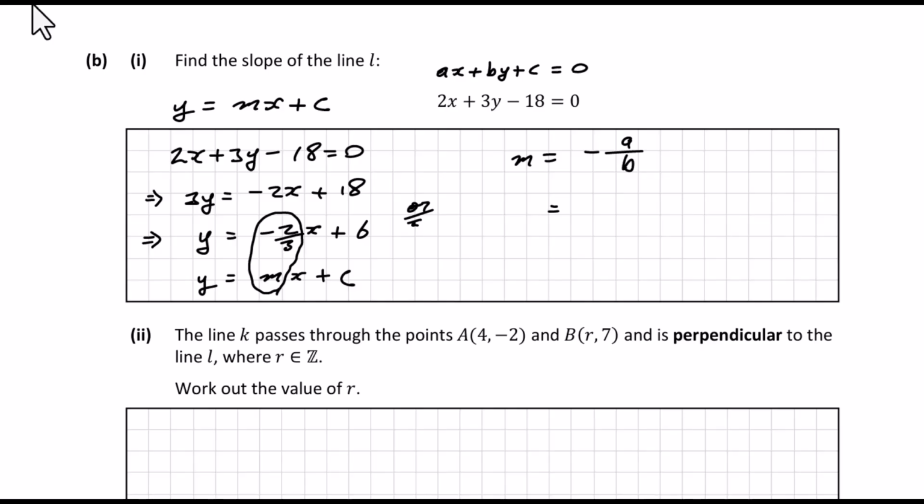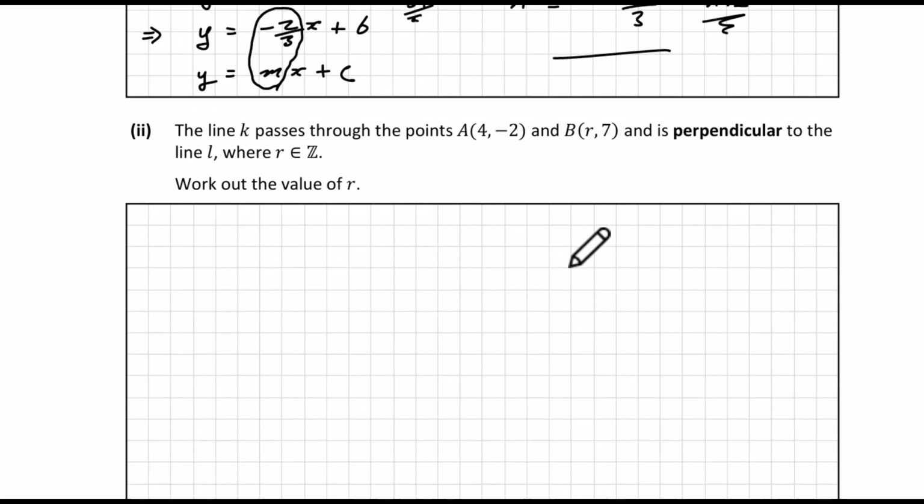You've probably covered the way over here, so you can just use that method. Either method is fine. So what we're going to do here is look at a. Well, the a is the 2, so it's -2 over the b. Well, the b is plus 3, so over 3, and you get -2/3 as well. So this is our answer here: the slope is -2/3.